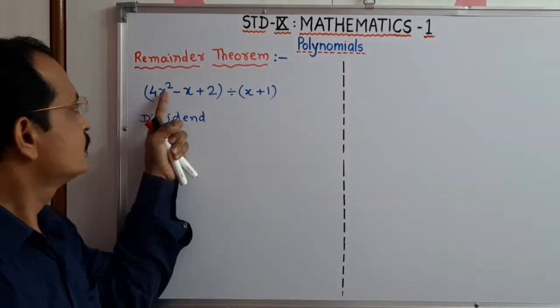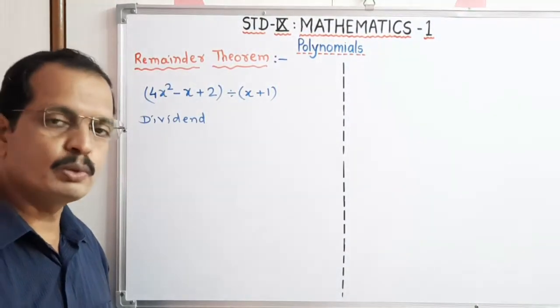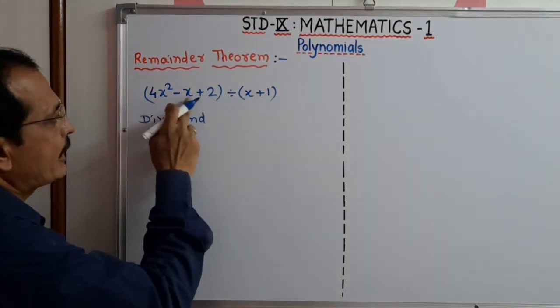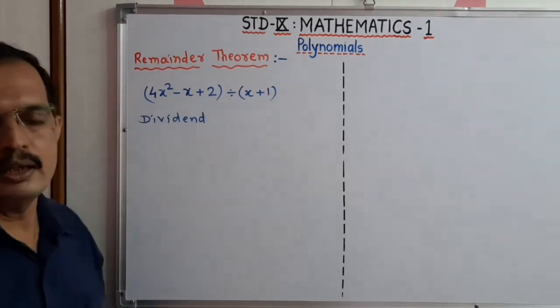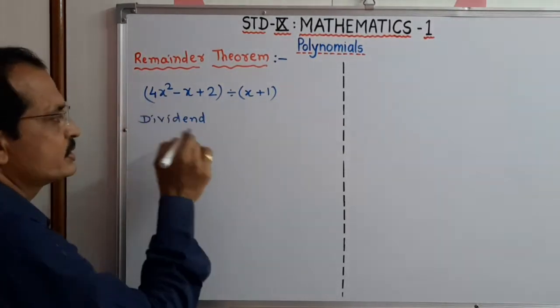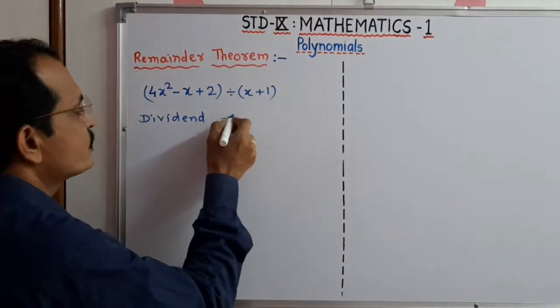It is 2. That means the number of terms should be 3. The terms are arranged in descending order of their indices, therefore it is in standard form. Now tell me its coefficient form.